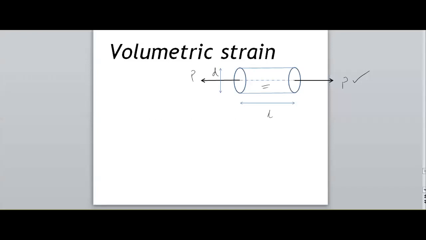To find the volumetric strain, I need the change of volume by original volume. Due to the applied load, the diameter will be reduced and the length will be increased.